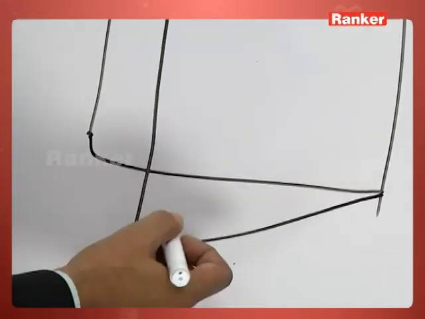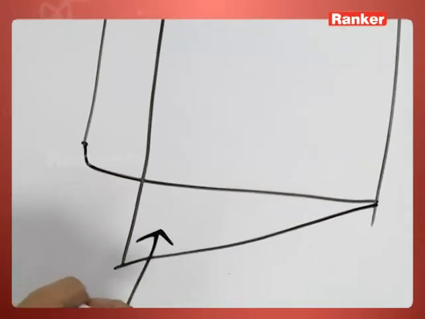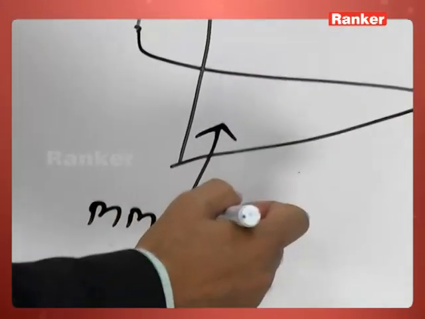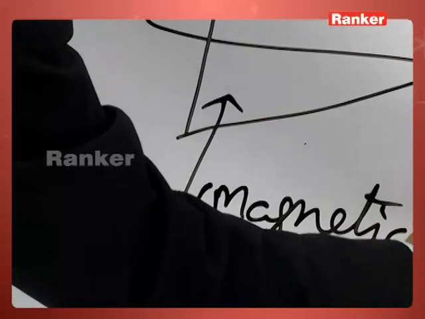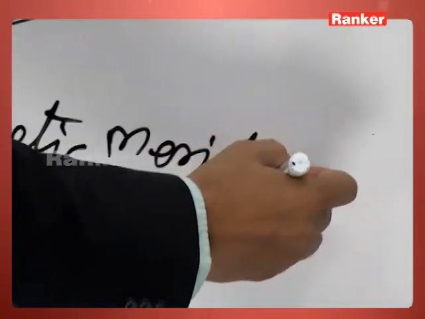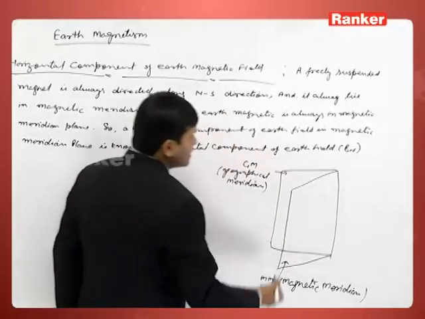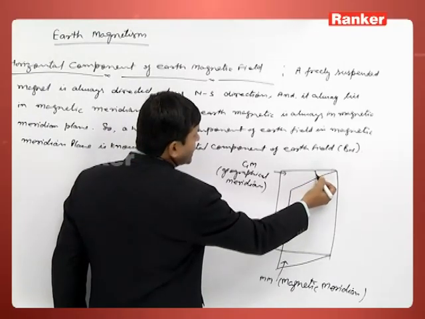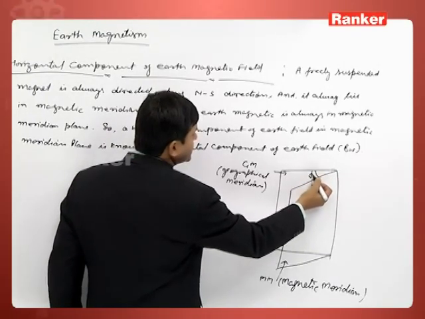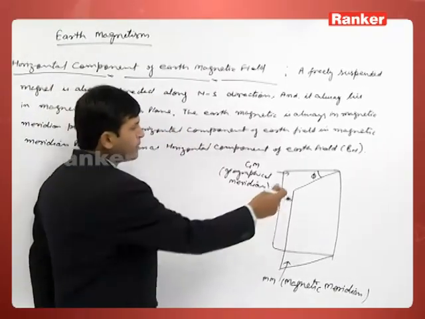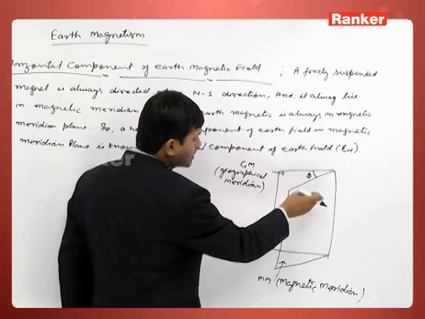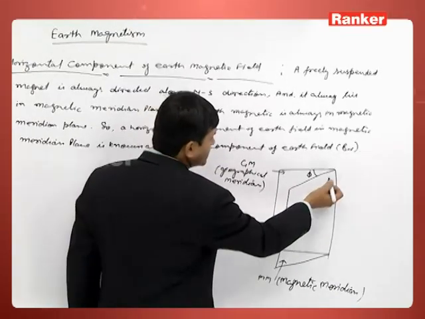This is another plane that we normally represent with MM, the magnetic meridian. This angle we have defined as phi. This is the declination.